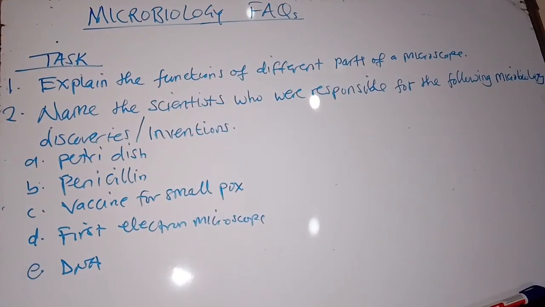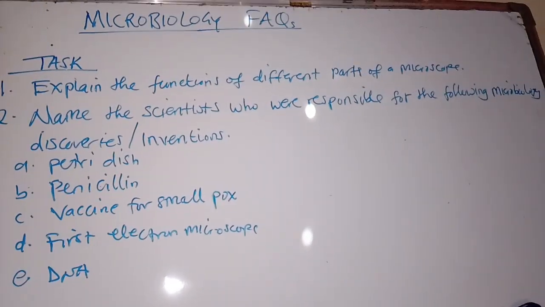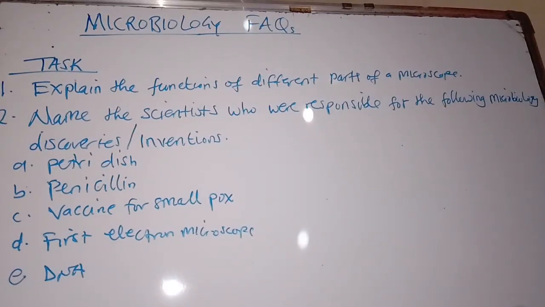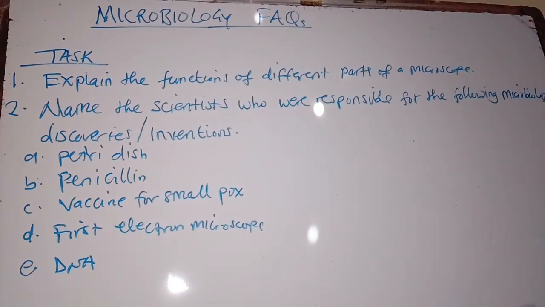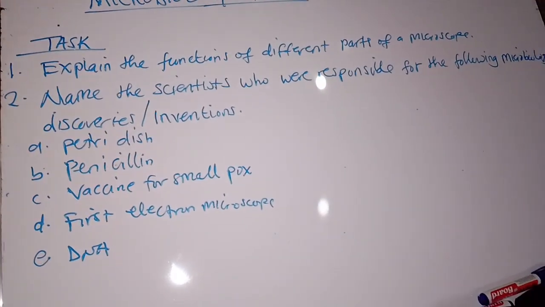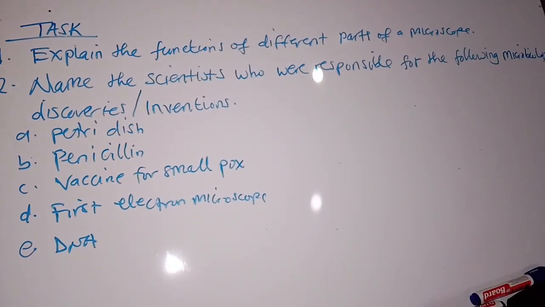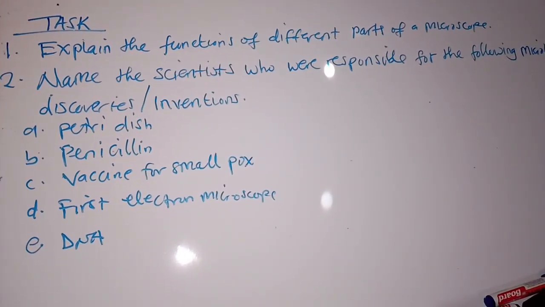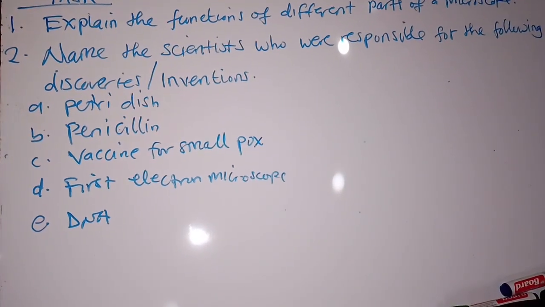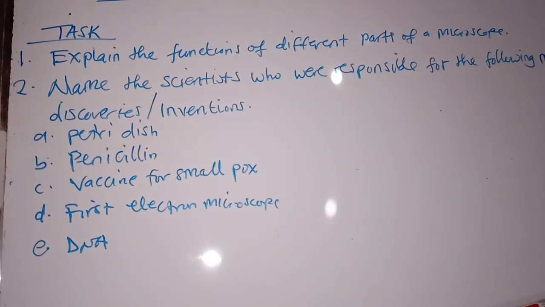And then name scientists who are said to be responsible for the following discoveries, because we may not know if they are actually the ones: number one, Petri dish, penicillin, vaccine for smallpox, first electron microscope, and then DNA strand. Yeah, that's it for now.